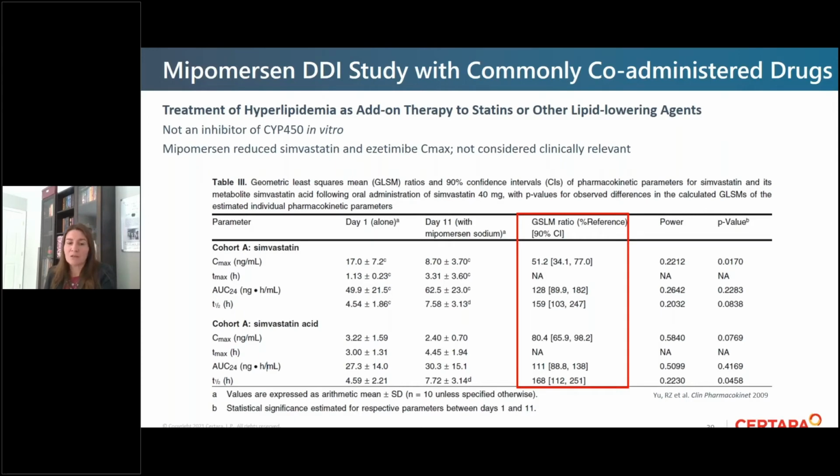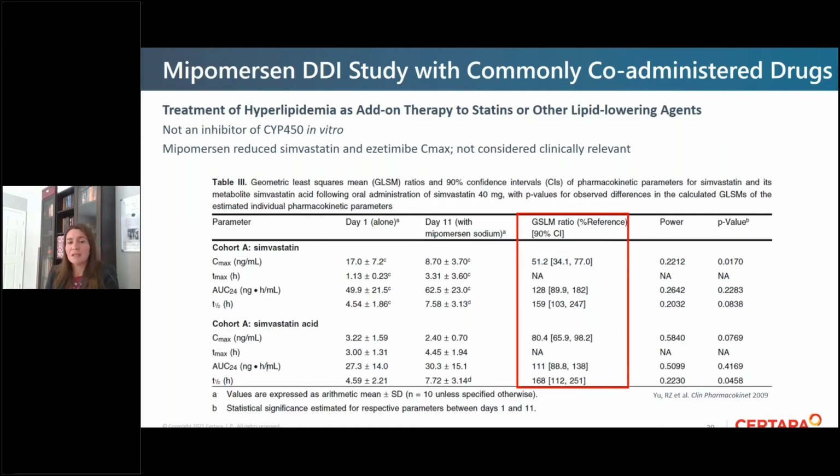However, there's always the potential for a local PD effect as these drugs are acting in the liver and also depend on different biological mechanisms for the response and elimination, which can impact each other's drug exposures. In the end, the overall conclusion is that there was no impact of simvastatin or ezetimibe on the mipomersen exposures.